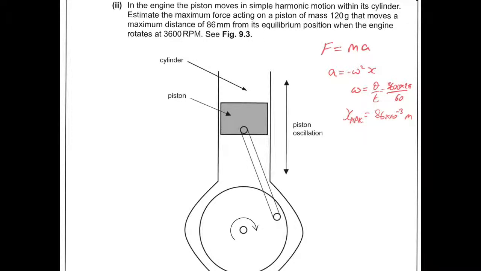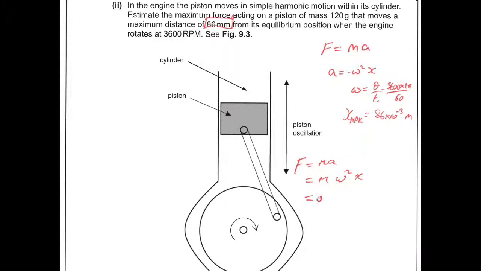And the maximum x, that is the amplitude of this vibration, is going to be 86 times 10 to the minus 3 meters, 86 millimeters from the value they've given us. So F equals ma, which equals m omega squared x.